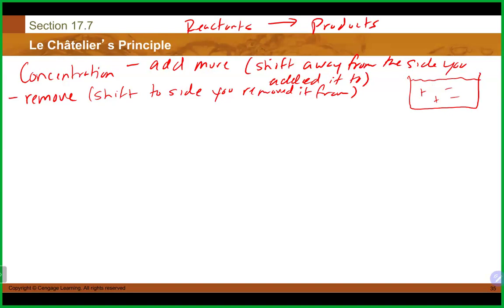So usually the way that we remove something is we add something to that equilibrium that's not part of the equilibrium, but will react with something that's floating around in the beaker. So for example, let's say we had some chloride ions in here, Cl minus. Now, chloride ions are floating around in the solution.